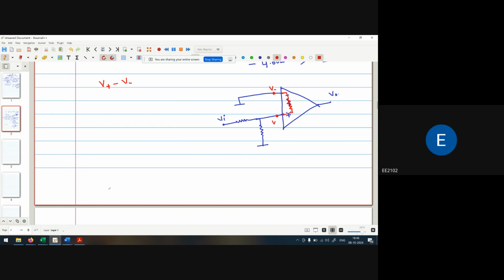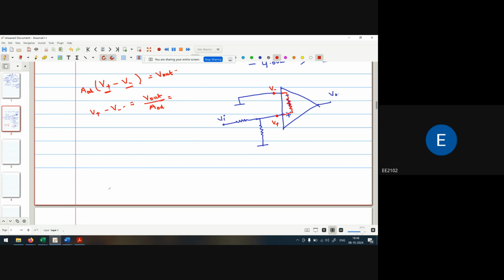This voltage is V plus, that is in the positive terminal. So V plus minus V minus, because inverting is as it is, non-inverting is with minus sign, multiplied by the gain AOD, that is V out. So V plus minus V minus is equal to V out upon AOD.